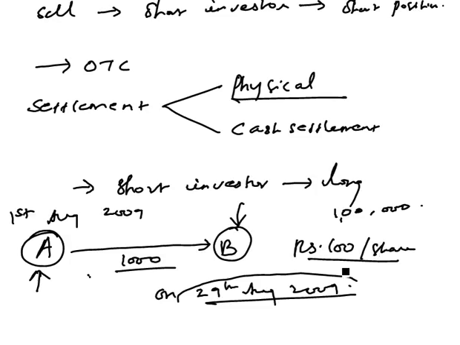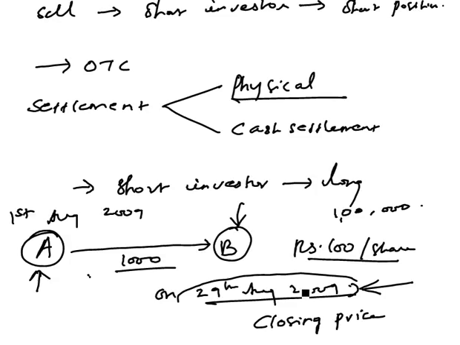On this expiry date, the profit or loss depends upon the settlement price. The settlement price is usually the closing price of that particular Ultratech share on that 29th August.